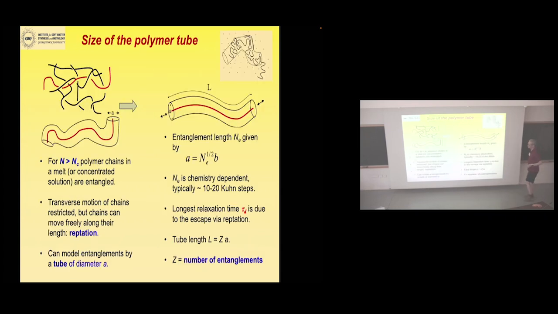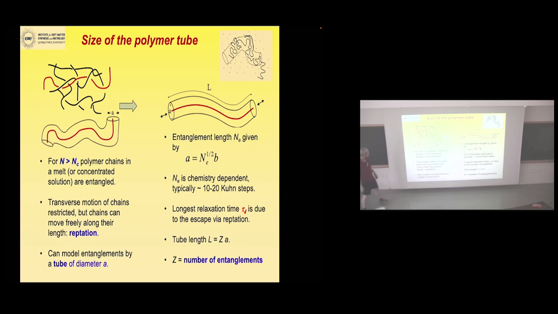Okay. So there's some molecular weight, or some number of monomers per chain, where they become entangled. There's a distance between entanglements, which we call the entanglement molecular weight. Typically, a chain has to be at least 2 or 3 entanglement lengths long to be fully entangled.